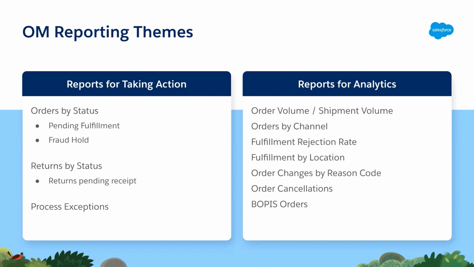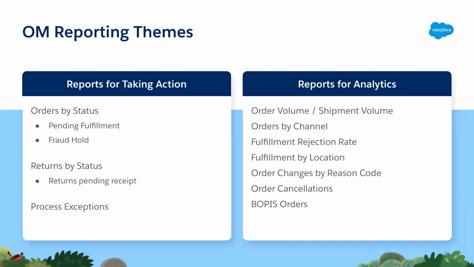Another example is a return order report, where you could filter by status to report on all return orders that are still awaiting receipt. You can also create a report to display process exception records, so you can have those records in one place and look into those orders to investigate what the issue was that interrupted processing for the order.